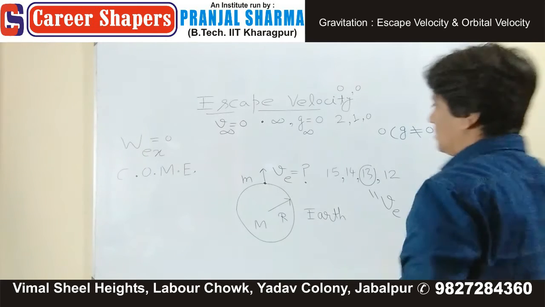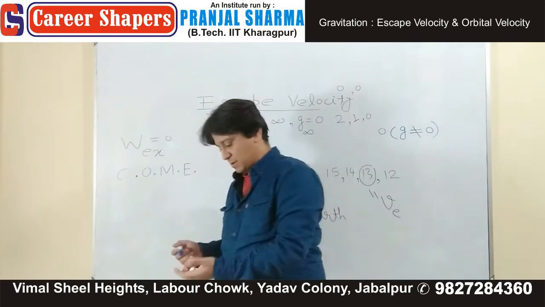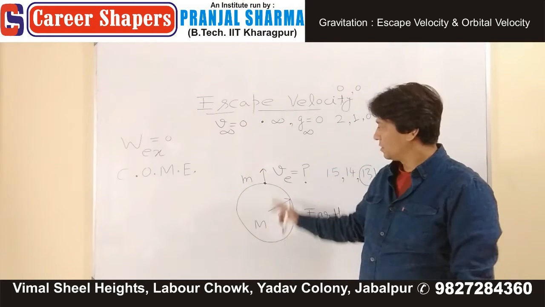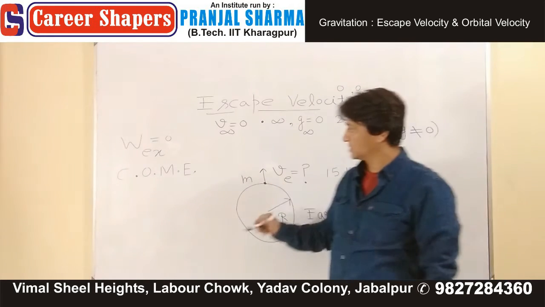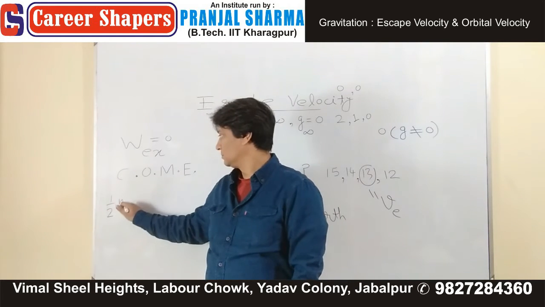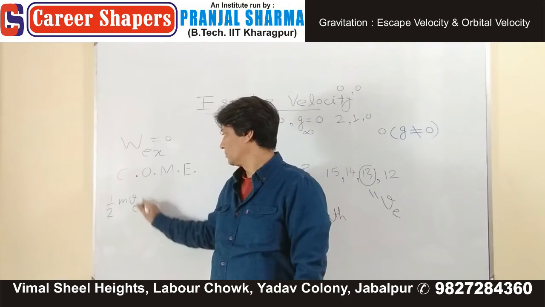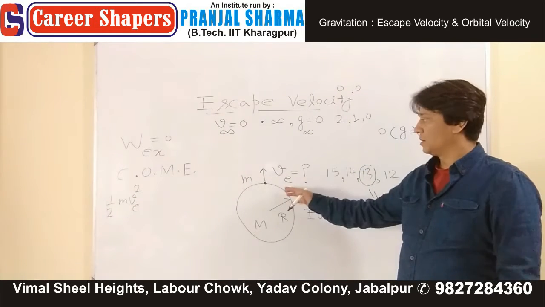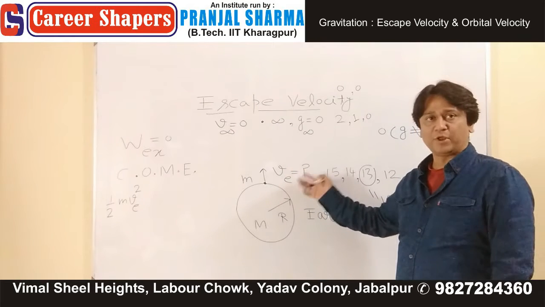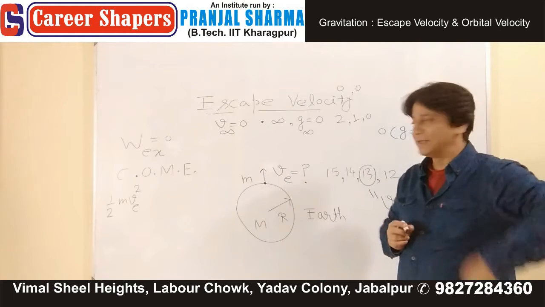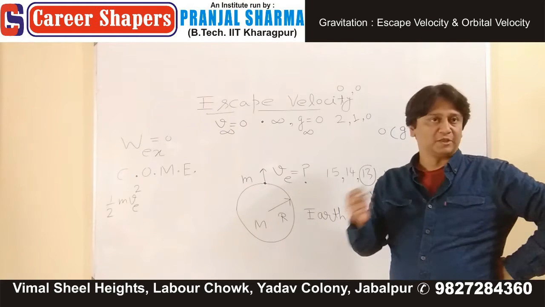Good. Many of you have solved this. So how do you apply COME? What is kinetic energy at this place? Half m v square. What is potential energy? I hope you remember everything regarding potential energy and how to use it, which we did in the previous lecture.